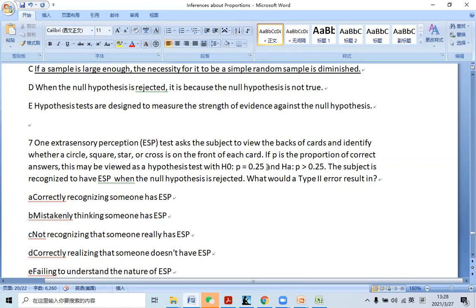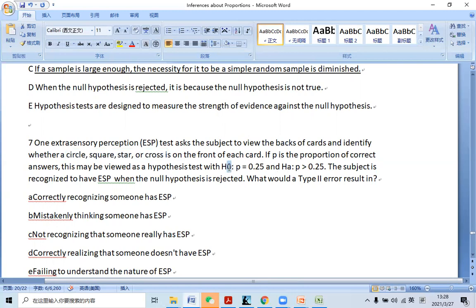If you just guess, you should be right 25% of the time. It's one of 4 answers. You can guess: is it square, circle, star, or cross? You get a correct answer 1 out of 4 times just by random guessing.